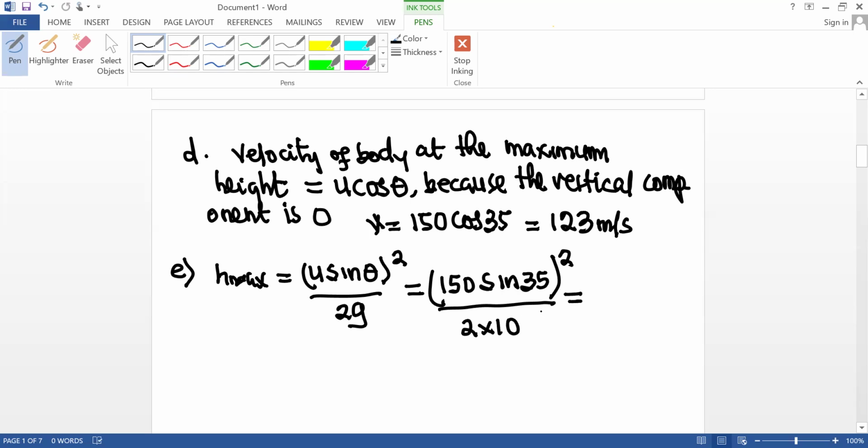Please, let's all get involved so that we can do this within a short time. Of course, 150 times sine 35 is 86. So we have 86 squared divided by 20.